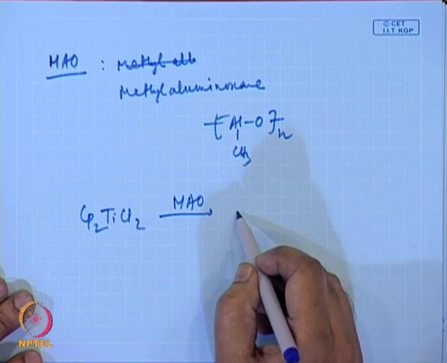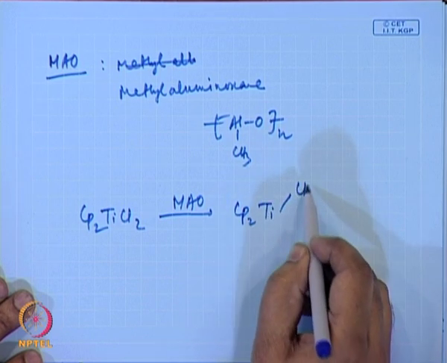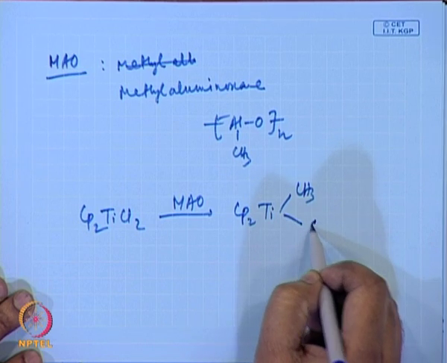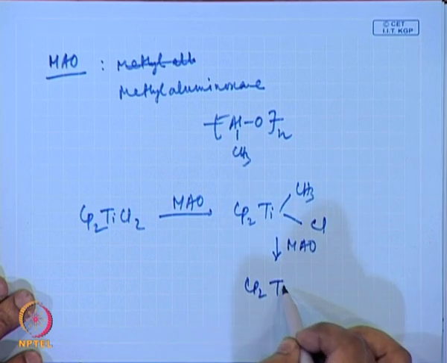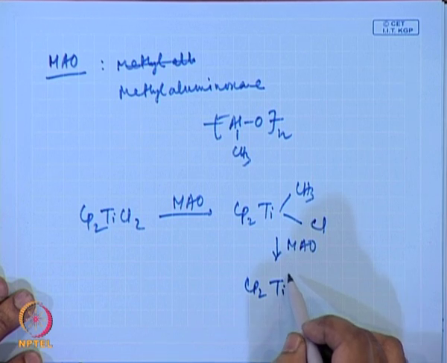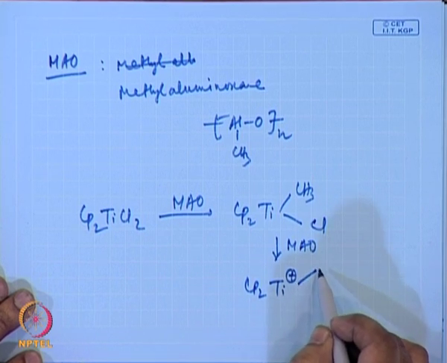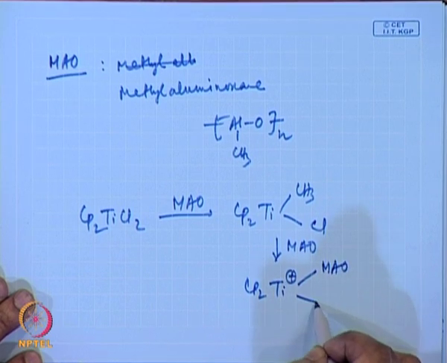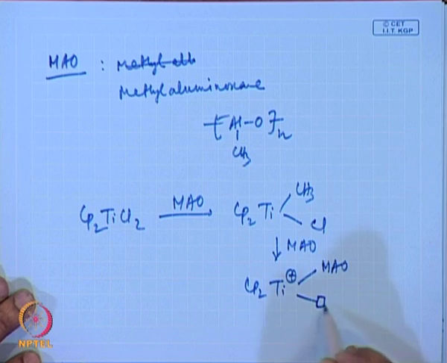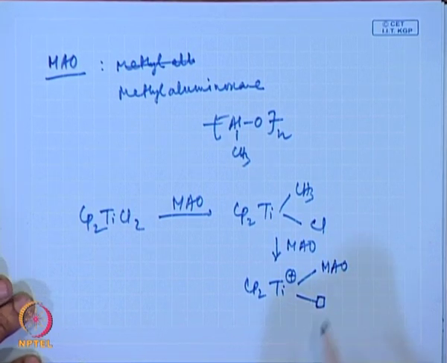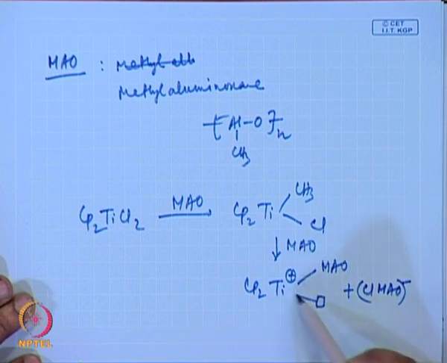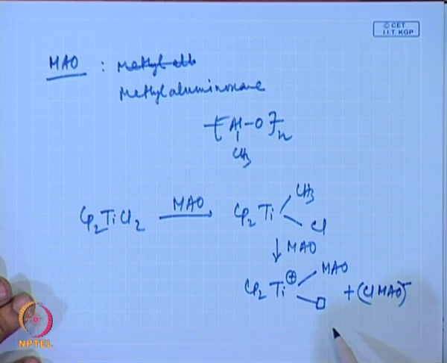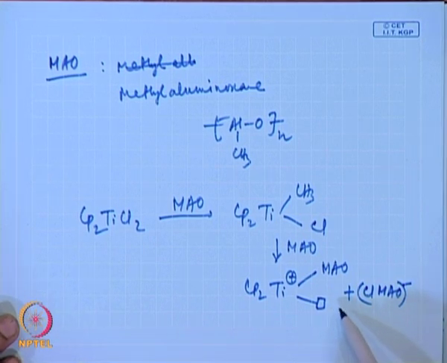First, it alkylates the metal and then abstracts one halogen and forms a metallocenium cation, which generates one vacant orbital, and the rest of the mechanism is the same as we discussed in the case of Ziegler-Natta polymerization, like the insertion of monomer molecules.